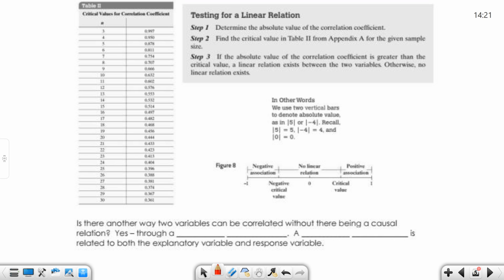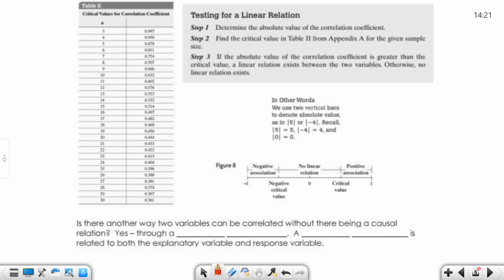So, testing a linear relation: determine the absolute value of the correlation coefficient and find the critical value. If the absolute value of the correlation is greater than the critical value, okay, so here, we use two vertical bars, as in |5| or |-4|. Recall |5| is 5, |-4| is 4. You know these things. So you have this critical value, and it depends on your n, your sample size.